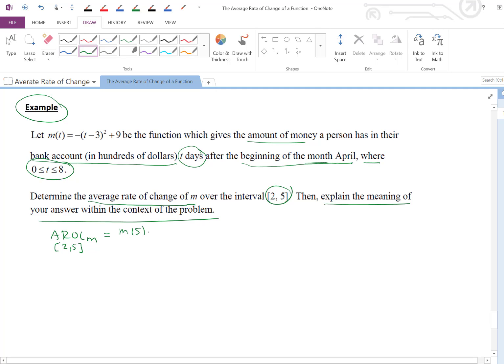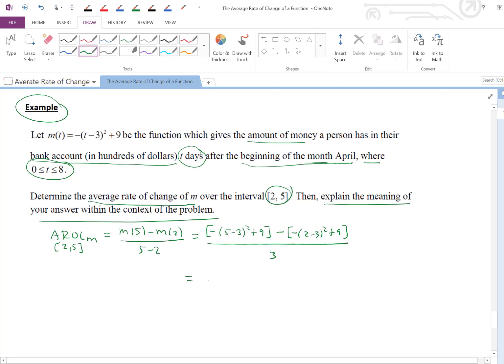Change in the m direction, so m of 5 minus m of 2 over the change in the input direction, 5 minus 2, and then we're going to go ahead and evaluate it. So m of 5 is the quantity negative 5 minus 3 squared plus 9, minus the quantity m of 2, which is negative the quantity 2 minus 3 squared plus 9, all over 3.